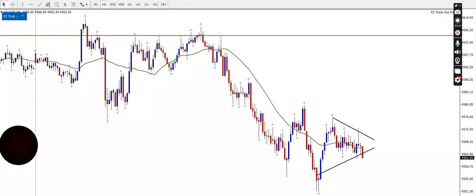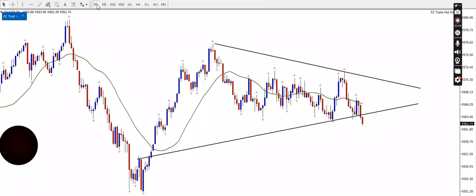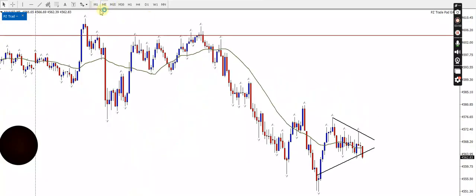However, I had initially drawn it on the 1 minute chart, where it becomes much clearer. If you see on the 5 minute, not to make this chart a little bit dirty, this is the most recent swing low, and then taking it to the lower swing low to the left.